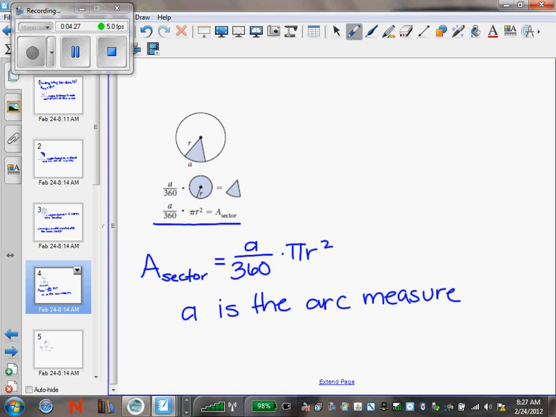We are going to look at an example of that in a minute after we get through all of the formulas. Make sure you get that into your notes, so you might want to put me on pause. Remember that this A is the measure of this arc. This is a central angle, so the central angle will equal the measure of the arc.